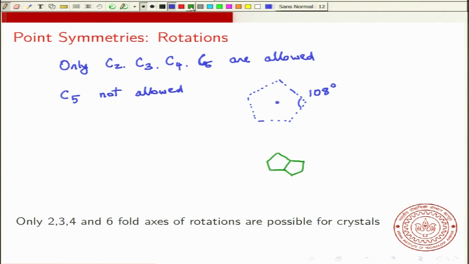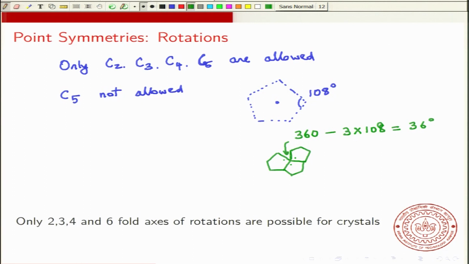If you take regular pentagons and try to fill space, you will always get some voids. If this is 108 degrees, and this is 108 degrees, and I put another 108 degrees here, you can see that this remaining angle is going to be 360 minus 3 into 108, which is equal to 36 degrees.